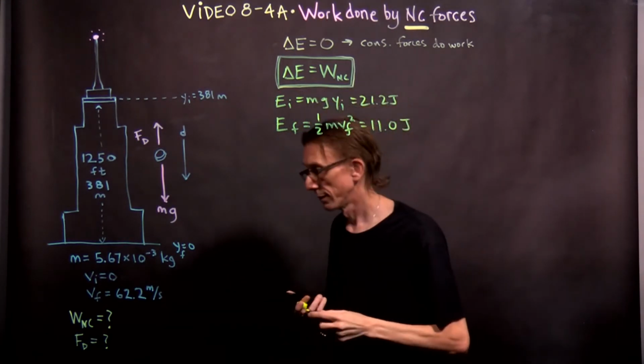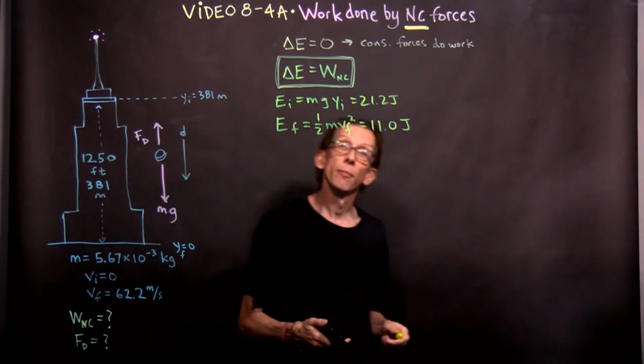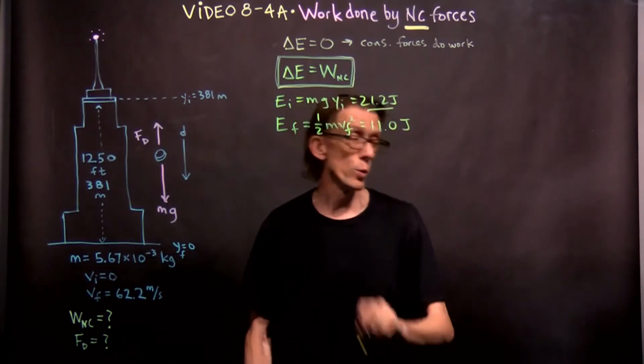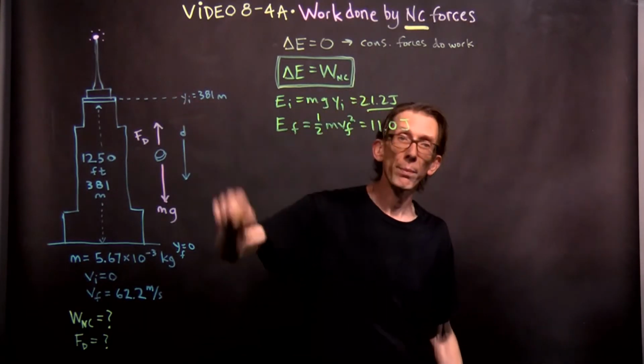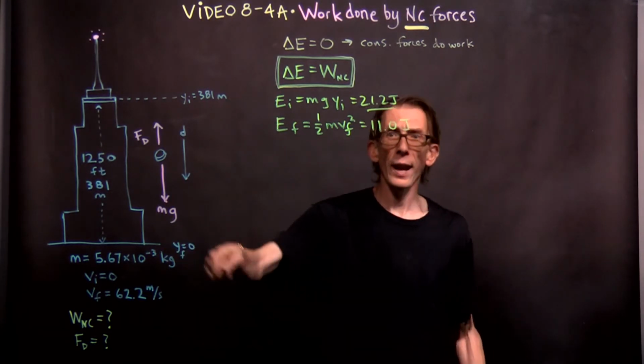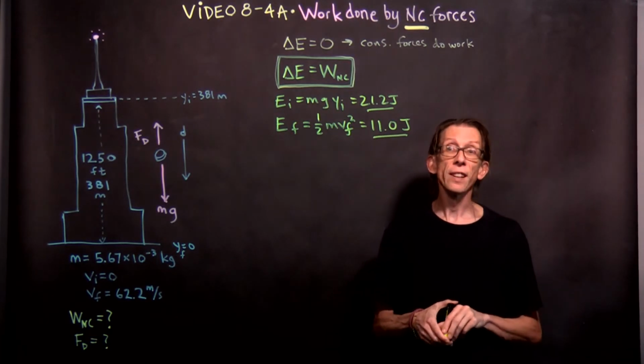Look at that. Yes. Okay, so we started off with 21.2 joules of energy up here at the top. But when the coin landed, it only had 11 joules of kinetic energy.